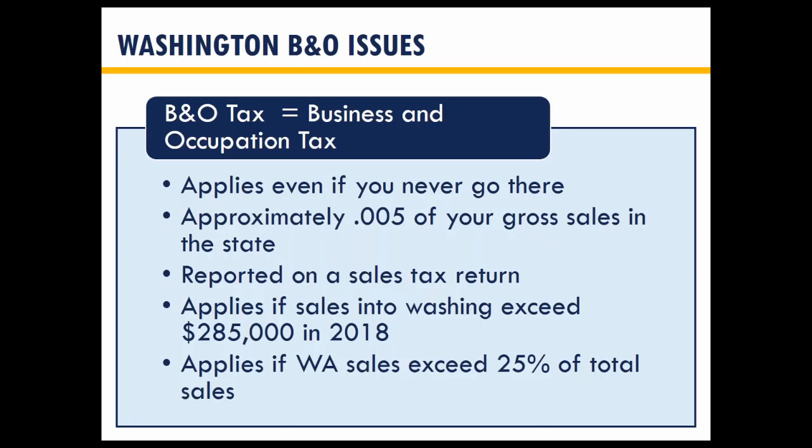What if I am a small town John Deere dealer? Somebody calls me on the phone, wants that combine. I'm a salesman. I'm going to sell it. I'm going to put it on a truck and I'm going to send it to Washington. I've exceeded the threshold not only for their sales tax, if that combine's taxable when it gets there, but also their B&O tax, which can be 0.5% to 1.5% of whatever my sales were. And it's not like Washington came and told you about it. But these things are out there.